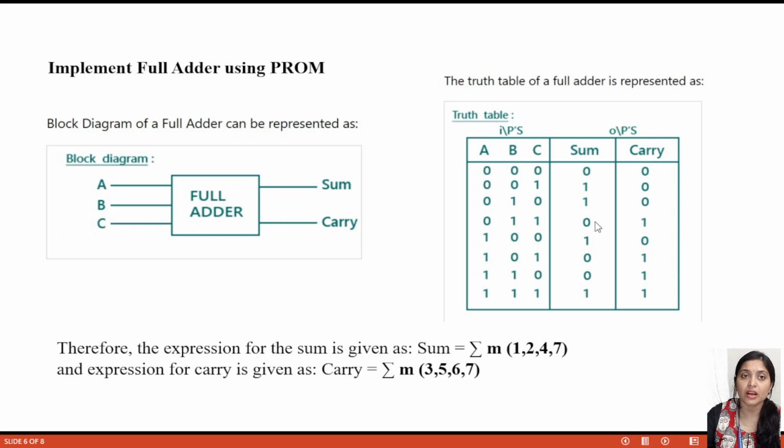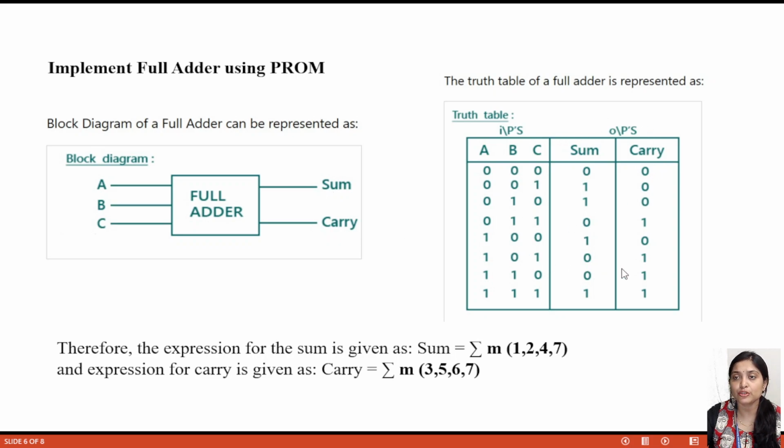Now I have given another example where you have to implement a full adder circuit using PROM. Okay, so this is a full adder block diagram. There are 3 inputs A, B and also C in, and the outputs are sum and carry.